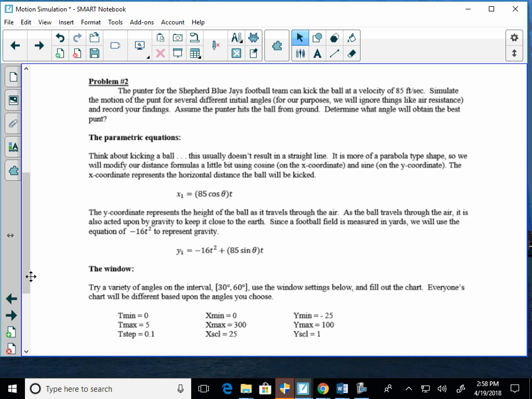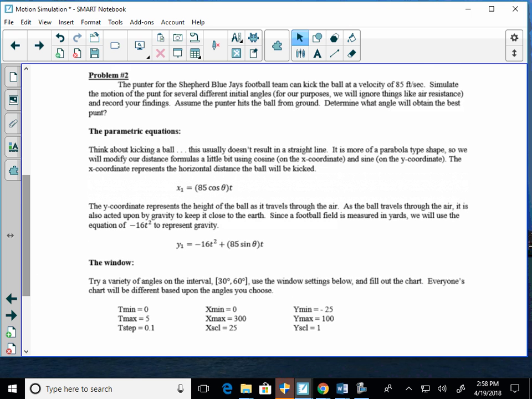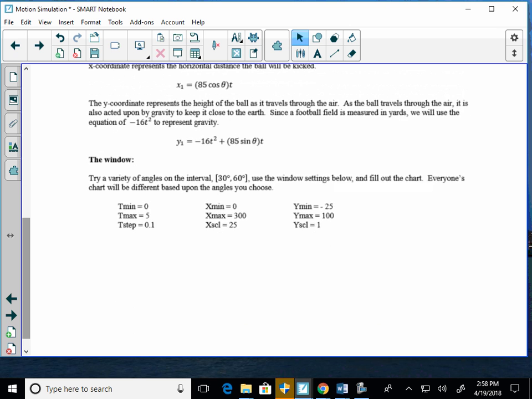So they've actually given you the formulas, but you're going to have to write your own. So pay attention. X sub 1 is 85 cosine theta times t. This is kind of like when we did vectors and it was magnitude times cosine theta. Okay, 85 times cosine theta, and it has to be times t. y sub 2 is your velocity formula, acceleration formula.